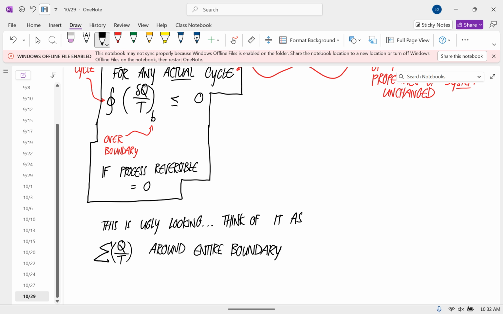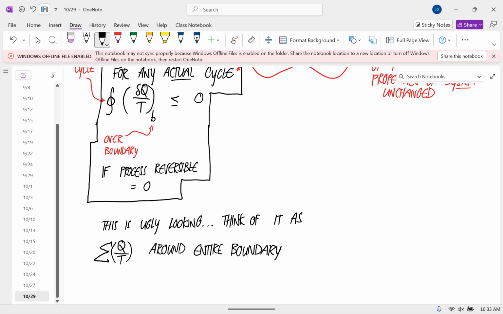So, for example, if the only place that heat is exchanged is at one part of the entire boundary, and you know the temperature where that heat is being exchanged, then it's just the amount of heat divided by that temperature that you know.